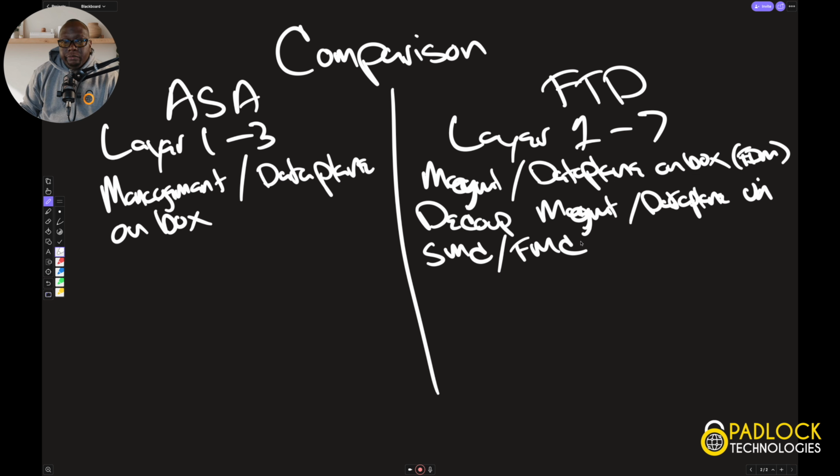It's just a management function. You control everything from there. Policies, configurations, all of that will get set on the FMC. Then that will get pushed to the FTDs for just data plane, right? Data plane will work regardless if the management goes down. Let's say they lose connection to the FMC, the data plane will still work, but your configurations are now local to another box and not on box.